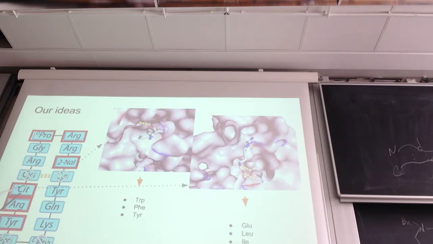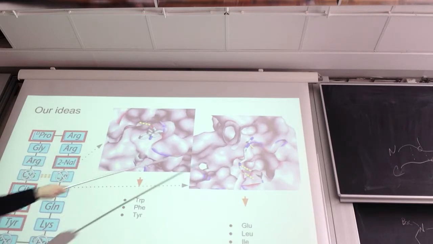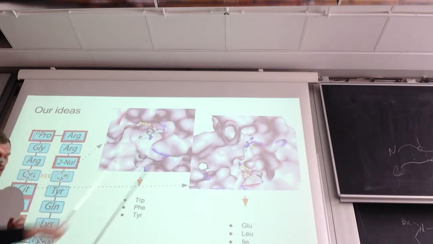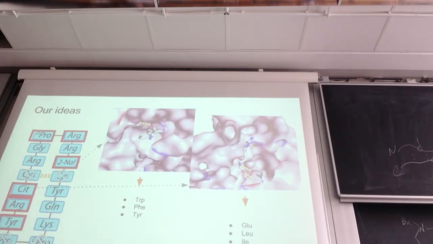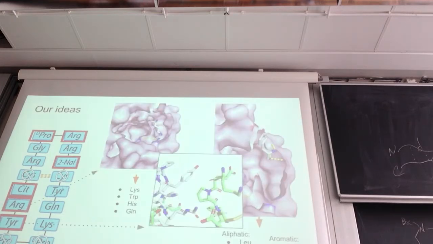Let's look at citrulline. It forms only one hydrogen bond, and according to its size and properties, we can replace it with these residues. And as to naphthylalanine, it forms pi stacking, we can replace it using different aromatic residues.